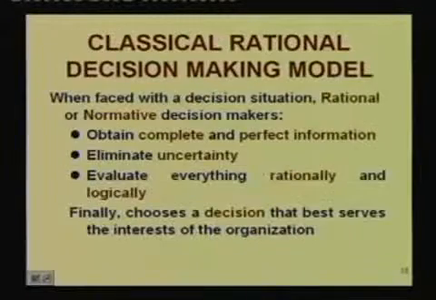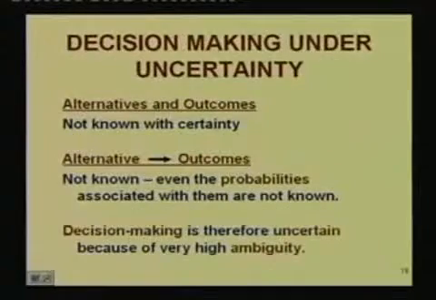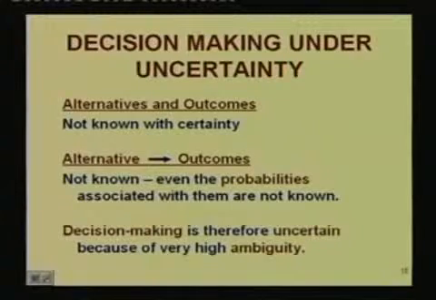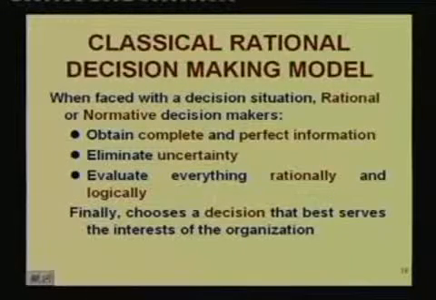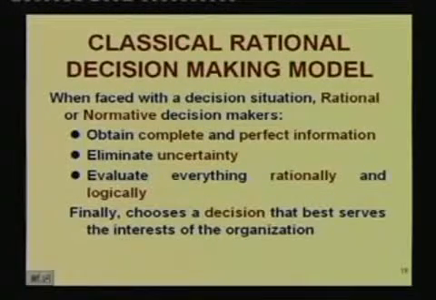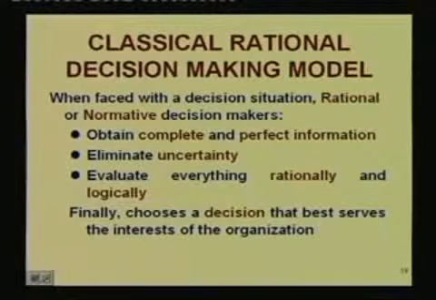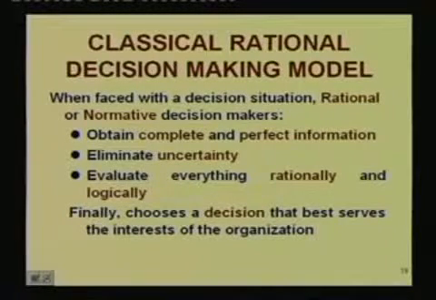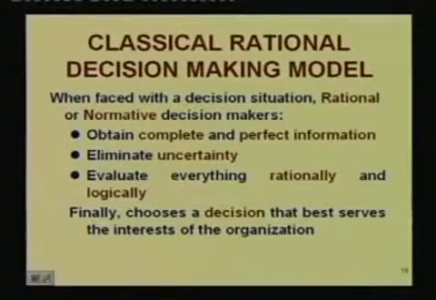So what should be done? Now essentially there are two. Let us temporarily move over to the types of decision makers, the model of the decision maker. As we have already said, there are 2 important models: the rational or the normative decision maker, and the administrative or the descriptive decision maker.